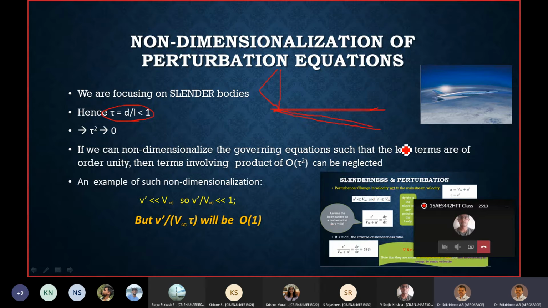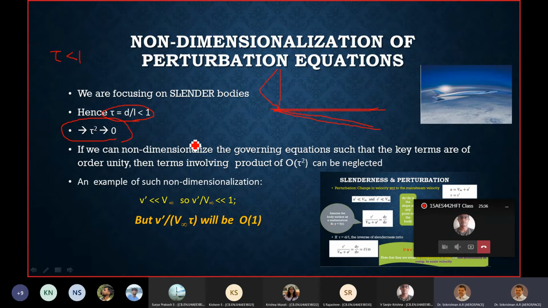So D by L is very small. In other words, tau is very small. Needless to say, if tau is small, tau squared will be much smaller. So as tau becomes smaller and smaller, less than 1, tau squared tends to be 0.